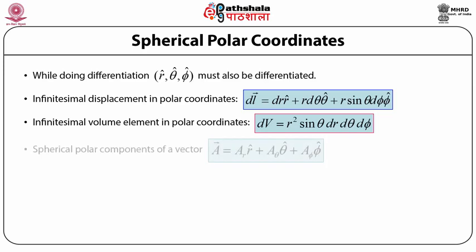And the spherical polar components of a vector quantity A are defined by vector A equals A subscript r times unit vector r plus A subscript theta times unit vector theta plus A subscript phi times unit vector phi, where A subscript r is the component of the vector A along the unit vector r, A subscript theta is the component of the vector A along the unit vector theta, and A subscript phi is the component of the vector A along the unit vector phi.